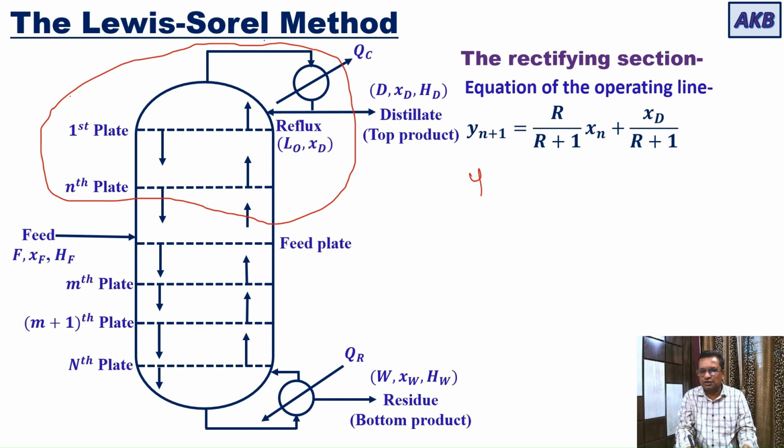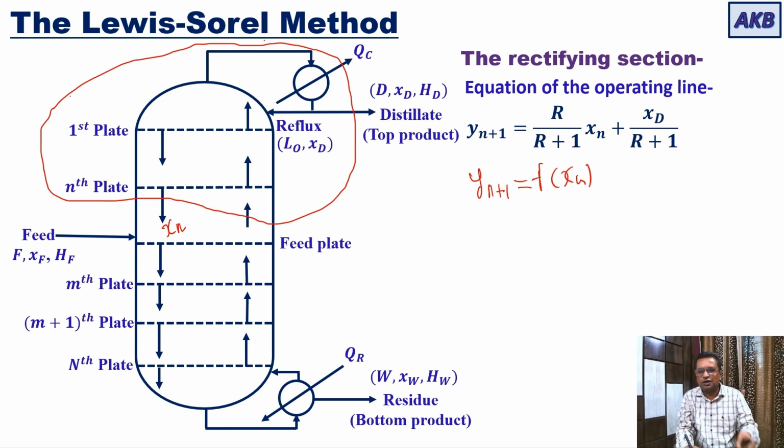If you use those two values, you are going to get an equation of this form: y_{n+1} is some function of x_n. Here, x_n is the mole fraction of the more volatile component in the liquid that is leaving the nth plate, so x_n will be associated with this stream. Whereas y_{n+1} is the mole fraction of the more volatile component in the vapor phase that is coming to the nth plate.